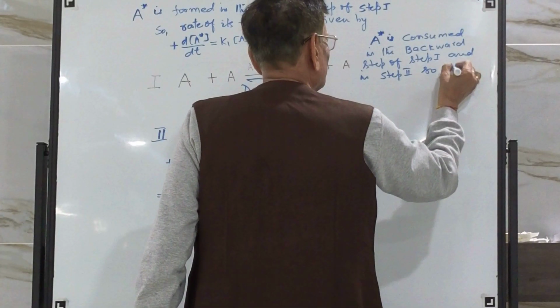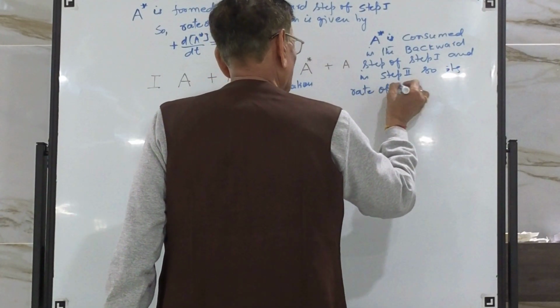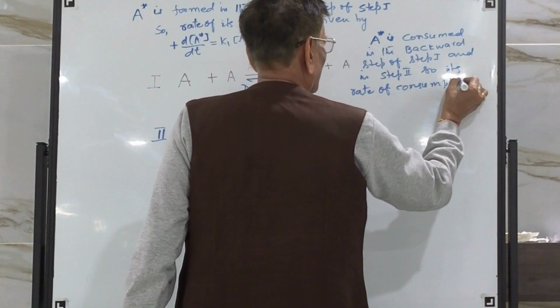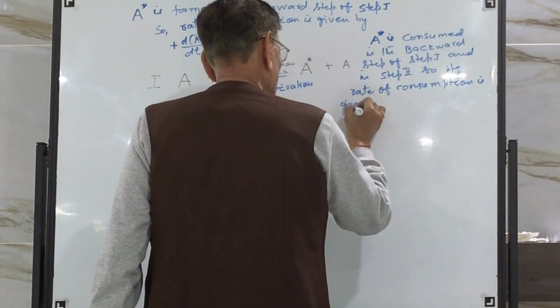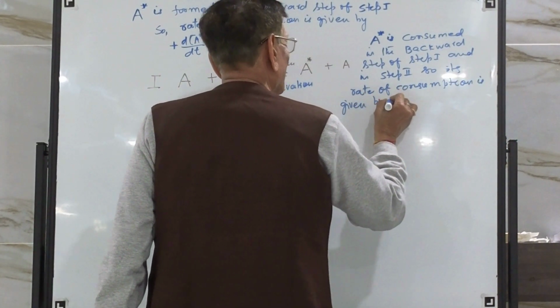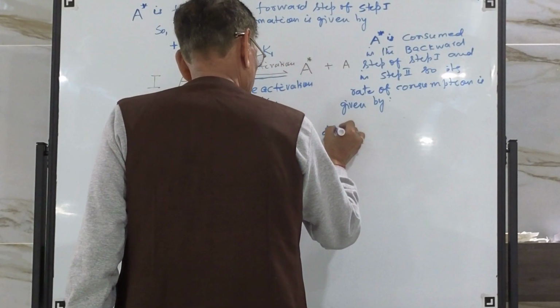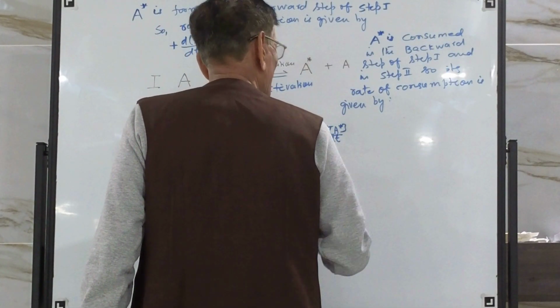So its rate of consumption is given by minus dA star by dt.